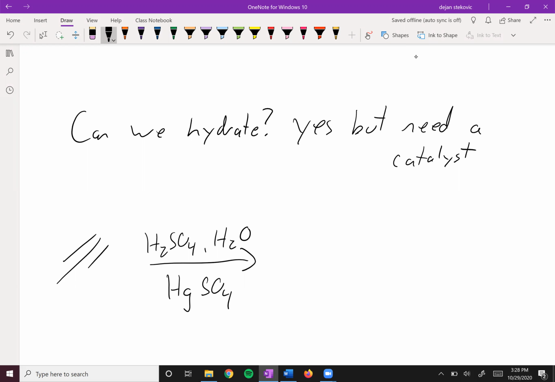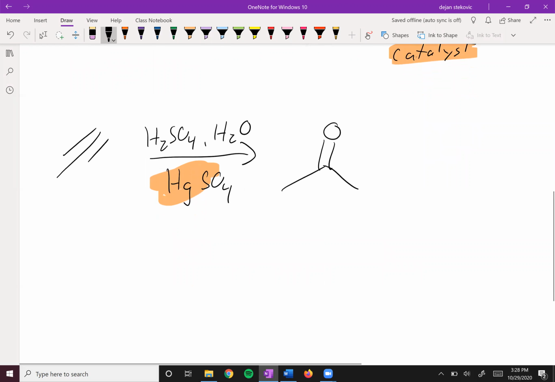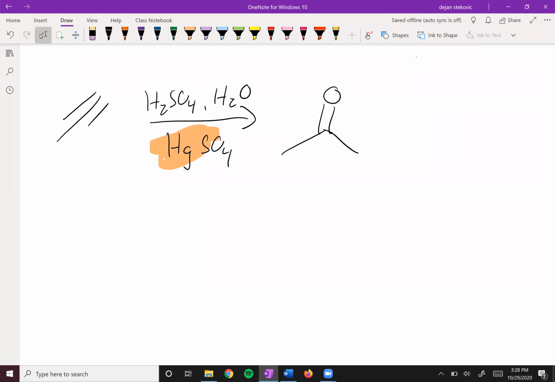So similar to the mercury acetate, but somewhat different. And so we're going to go ahead and hydrate these, but what we'll notice is that instead of an alcohol, we end up with our ketone. And so our catalyst here again is our mercury. So let's see how we hydrate this alkyne and how we end up with a ketone instead of an alcohol.